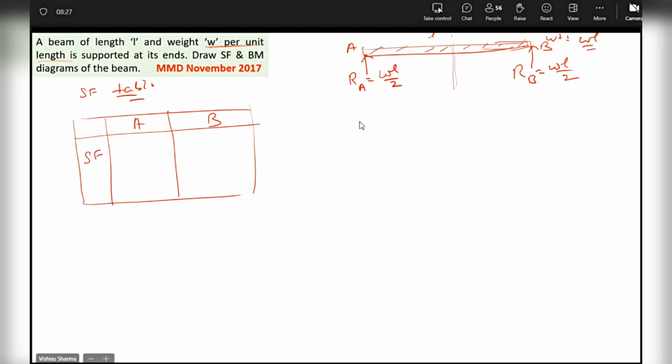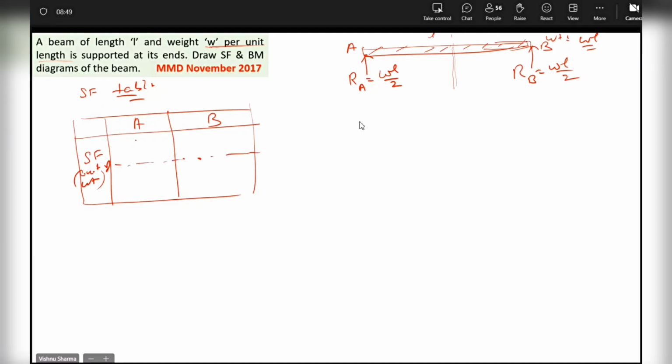Why? Because he has not given me the units of the weight, nor has he given me the units of length. Okay. So I'll put it like this. Why should I leave it unattempted? Do I need to divide any one of them? Yes, A and B have point loads, so I need to divide them.